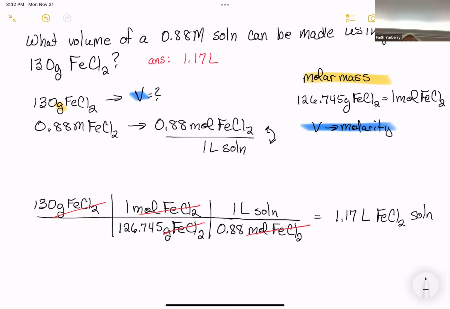One of the things that makes this type of problem challenging is that if you look at the last 4 examples, none of them are the same. There isn't an immediate pattern necessarily with molarity, like there is with some of the other calculations that we've done. That's what makes molarity a bit more challenging.